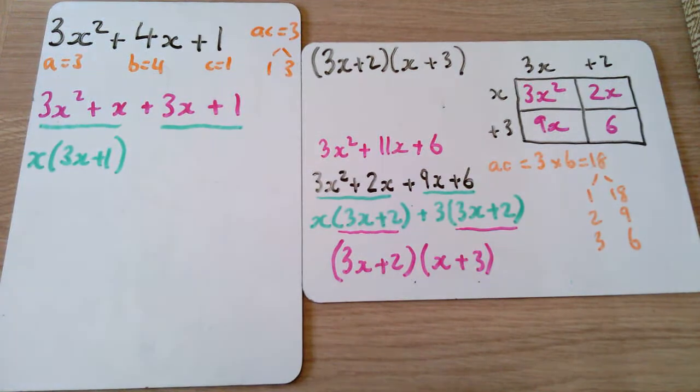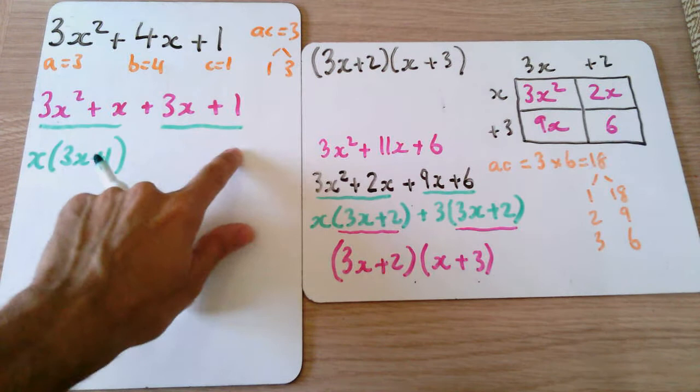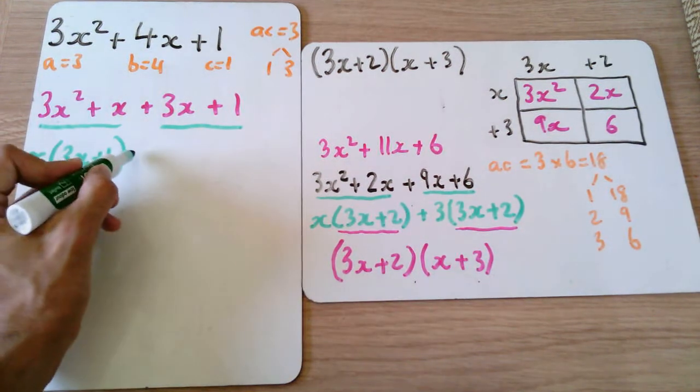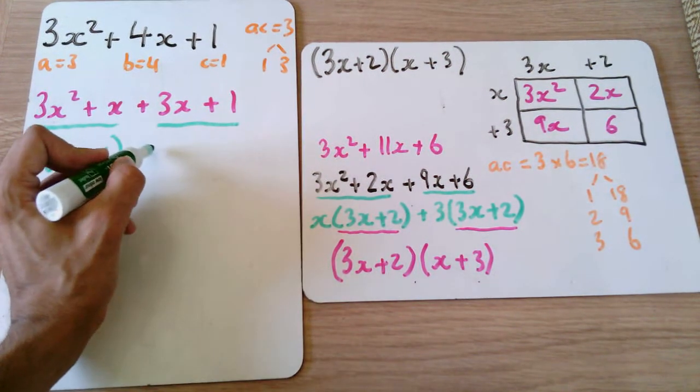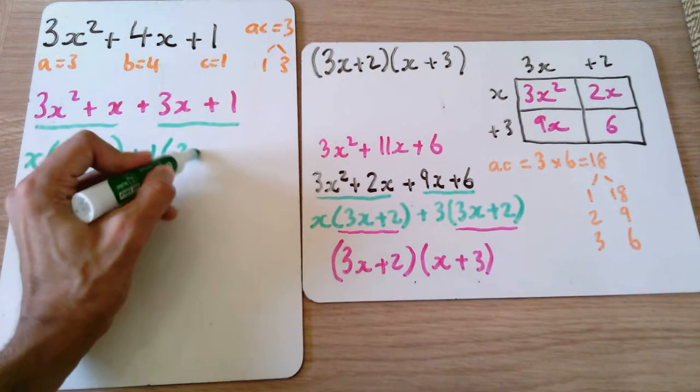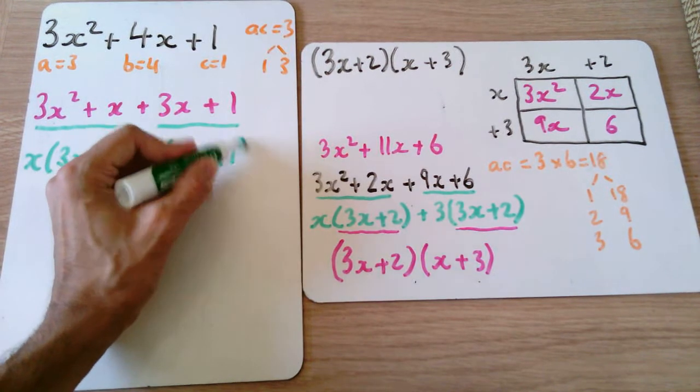Now, the reason why I said this is where some people sometimes get stumped is because when we look at 3x and 1, there's not a very obvious factor here that goes into both of them. But actually, there's one value that goes into every single value whenever you're factorising, and that is the value of 1. 1 goes into 3x, and it goes into plus 1. So if we take out a factor of plus 1, we still end up with 3x plus 1.